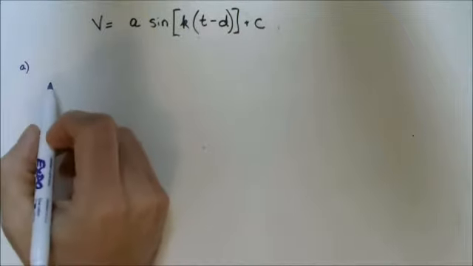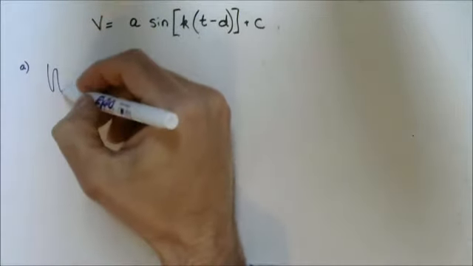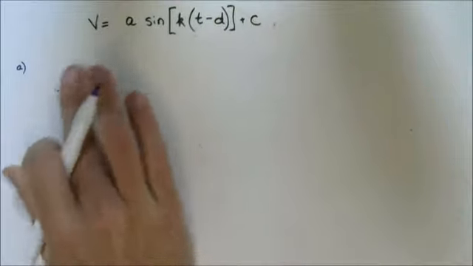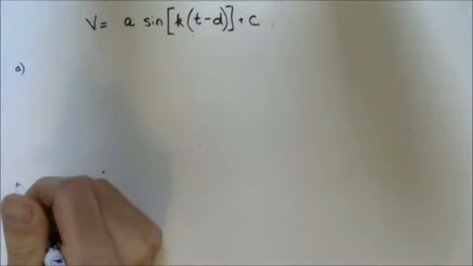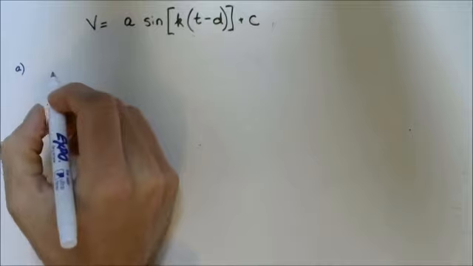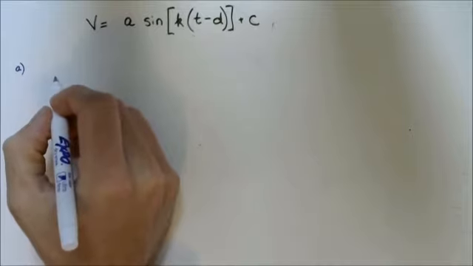That's pretty tight. That means that we're going to have a period of 1/60th of a second. So it's going to complete one full cycle in 1/60th of a second.